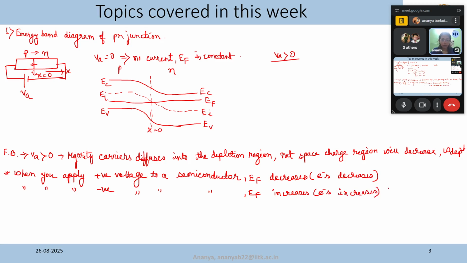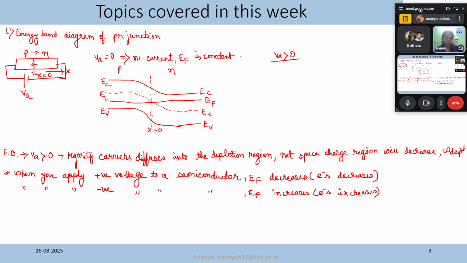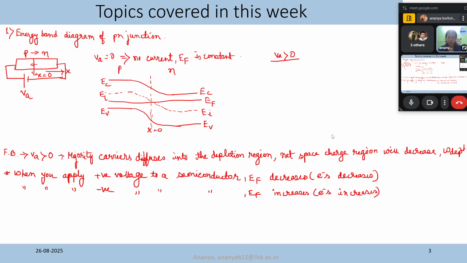Now what will happen when we apply a positive bias to the P side? Let's see. Again, I will first draw the metallurgical junction, that is my x equal to 0.